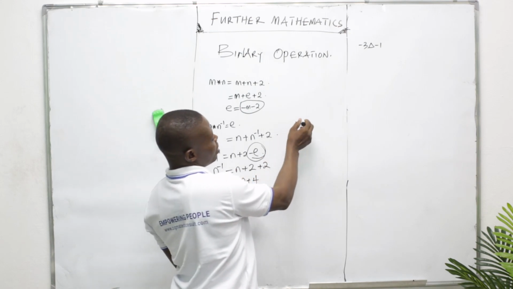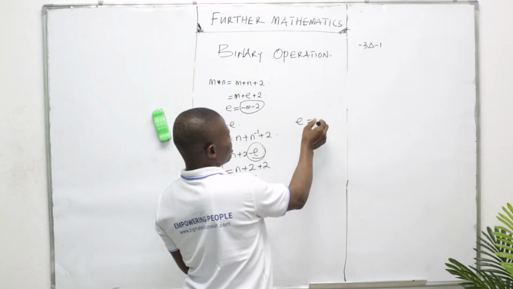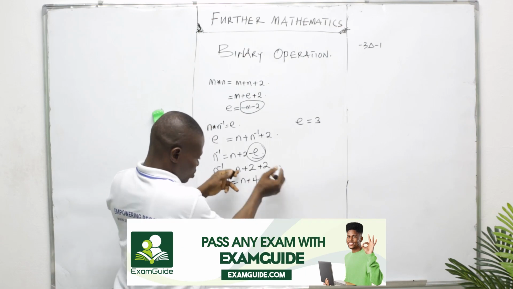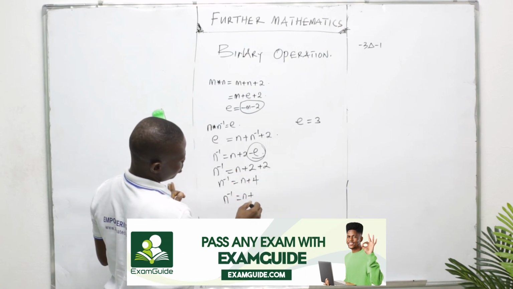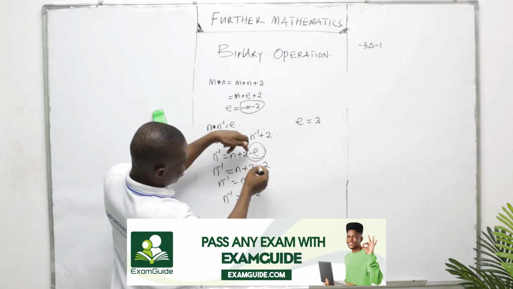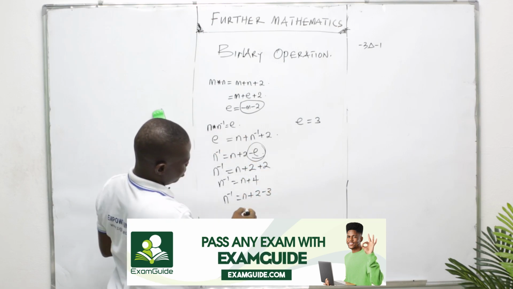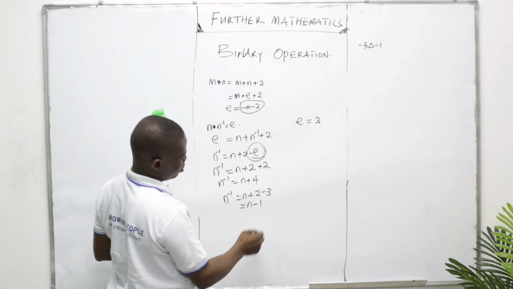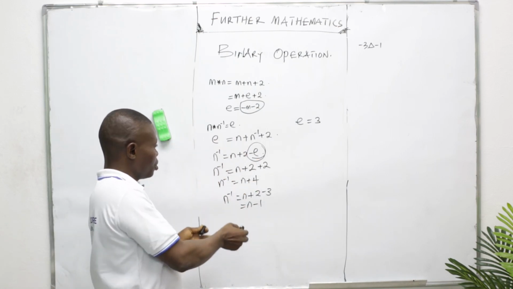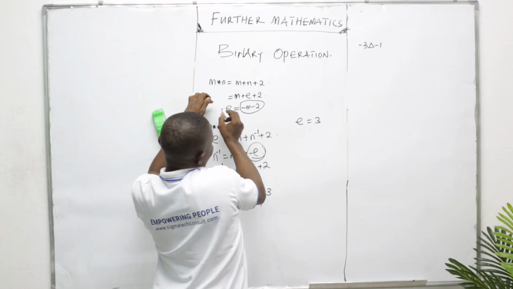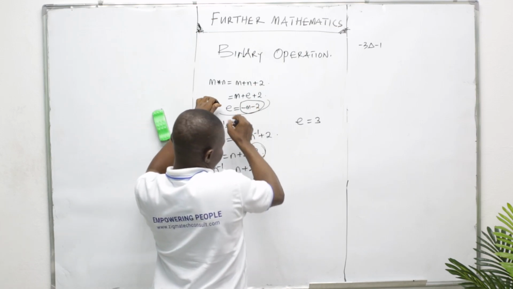If the identity element is 3, here we still change, meaning N inverse equals N plus 2, then minus 3, to give us what? N minus 1. So in case it is given to us, but now we are trying to force it out because it was not given to us.